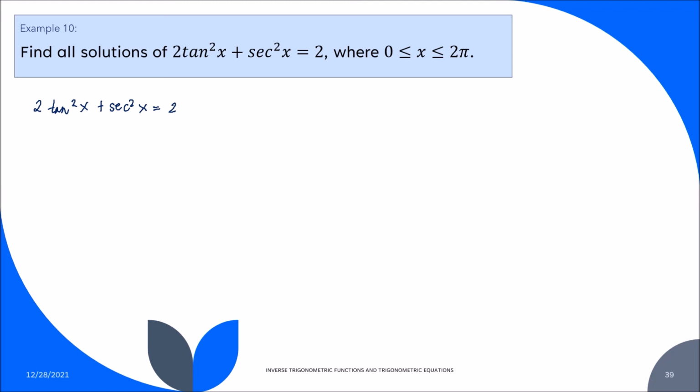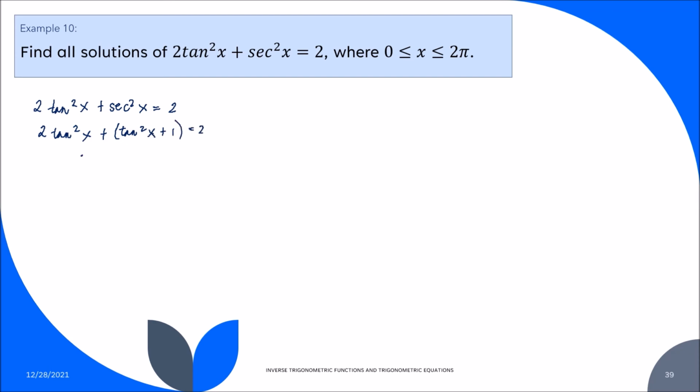Remember that secant squared x is equal to tangent squared x plus 1. So we use the Pythagorean identity. So 2 tangent squared x plus, we replace secant squared x by tangent squared x plus 1.